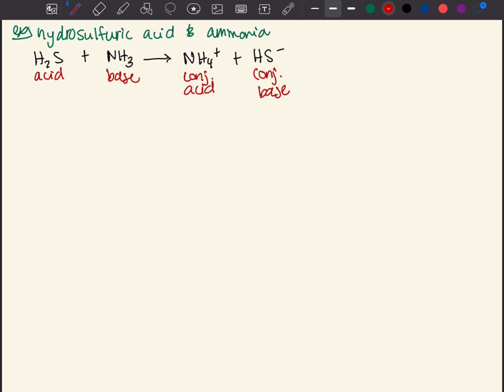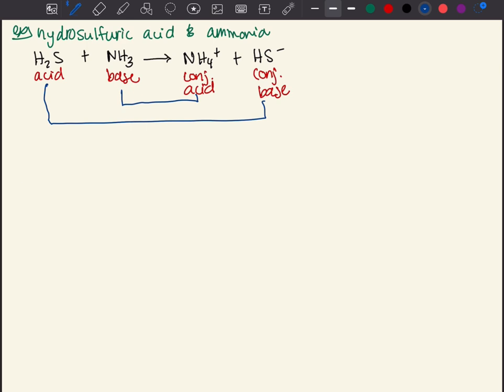Now, when we look at our conjugate acid base pairs, we can make a comparison between the strength of them. If you were to look at Ka and Kb values, you can compare the different values.